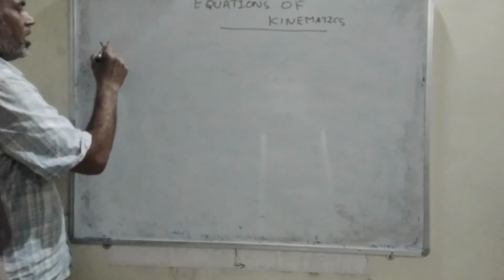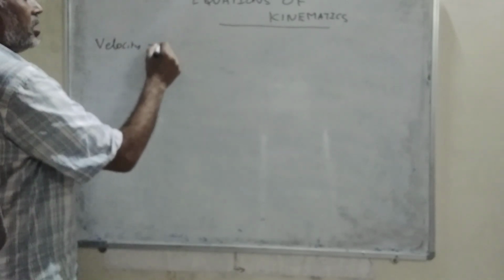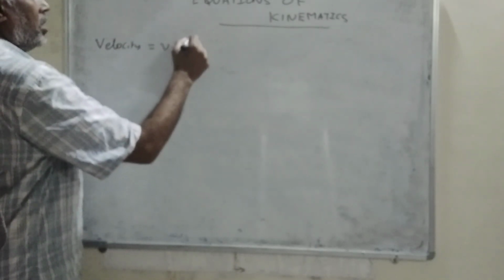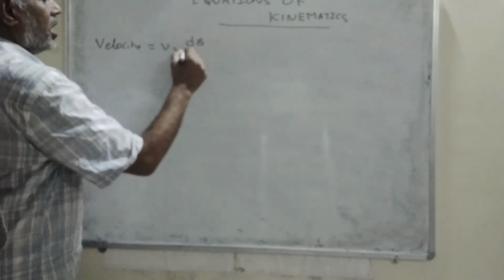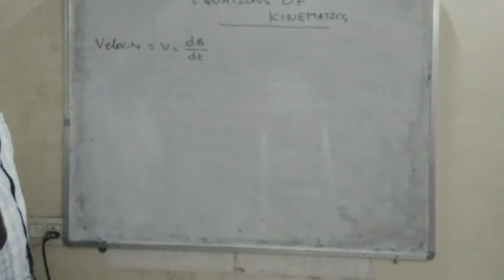Velocity v is ds by dt. That means differentiation of displacement with respect to time gives the velocity.